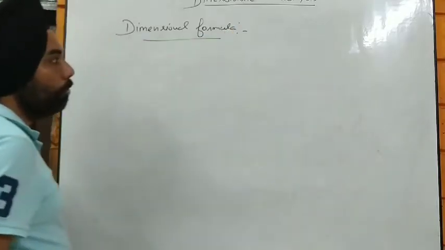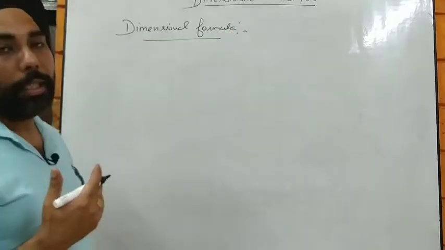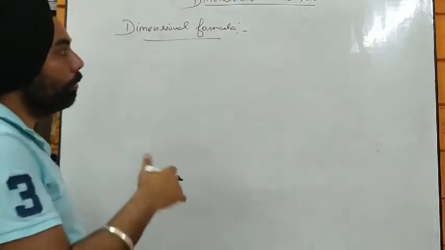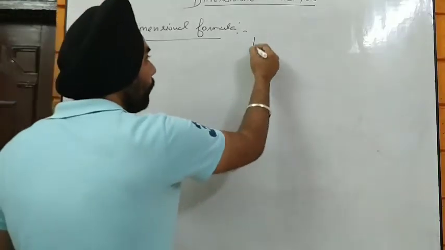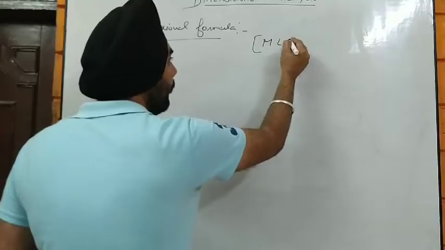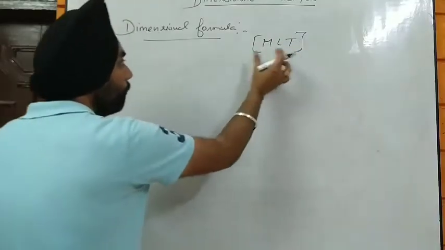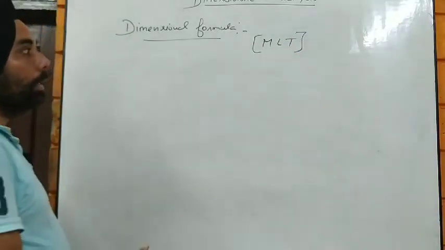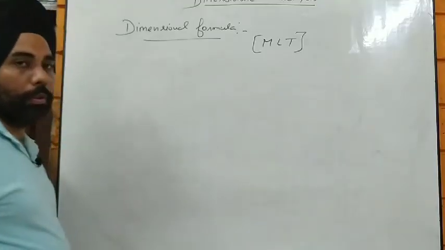Now what is dimensional formula? If we can express any physical quantity in terms of mass, length and time, then that is known as dimensional formula.